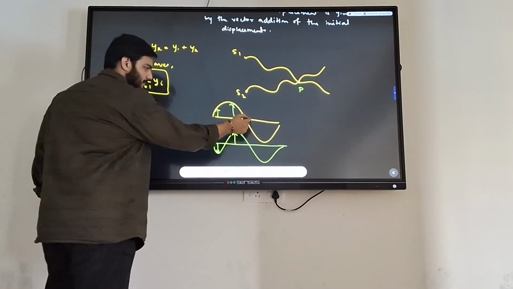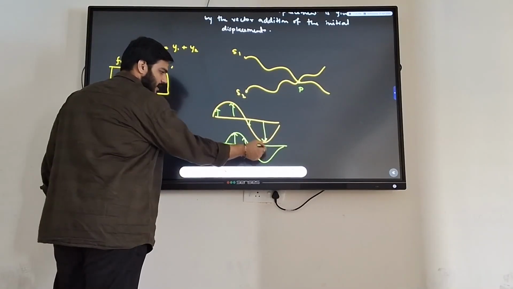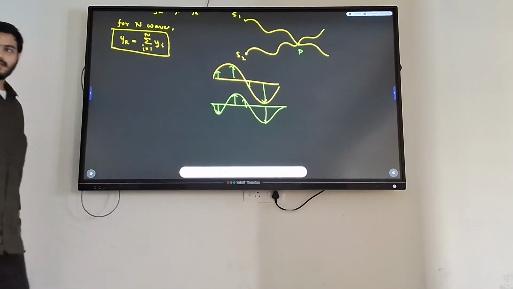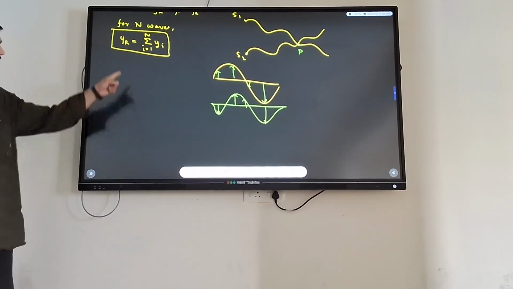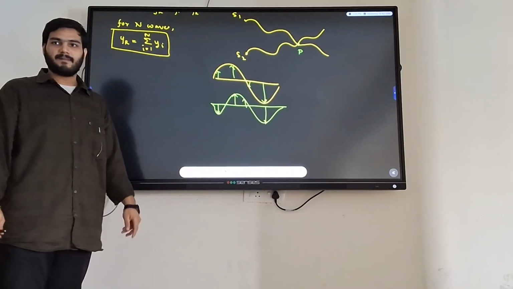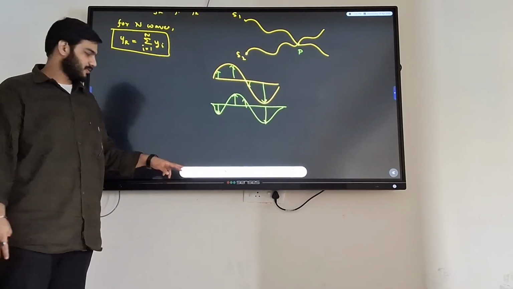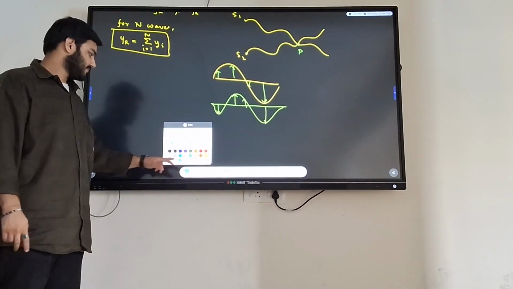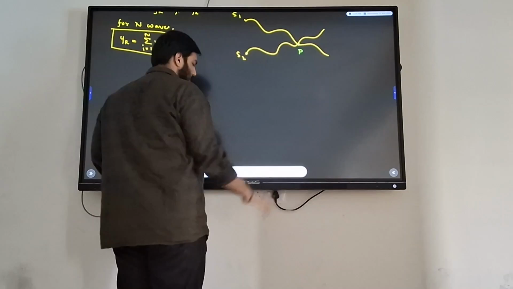Add. Here there is down, here up. Here down, here down. Add. So they keep on adding and subtracting at all points. When I write this equation, you should understand that at every point this is happening. Do you understand? Is there any problem here? Good. So this is the principle of superposition.